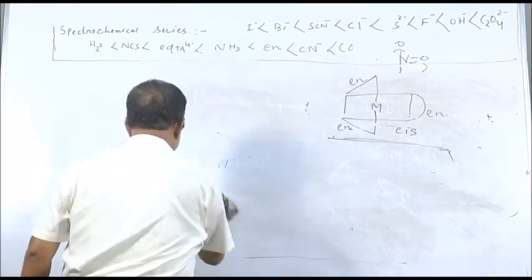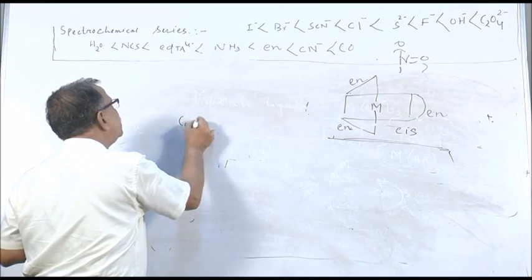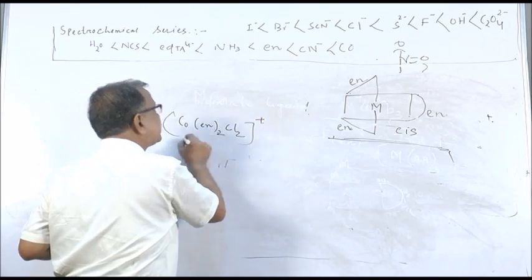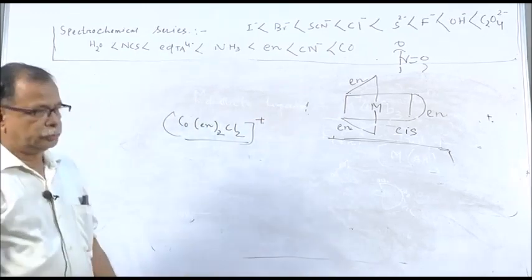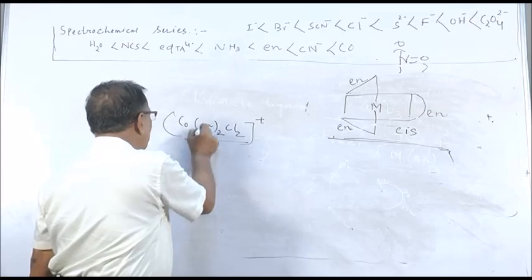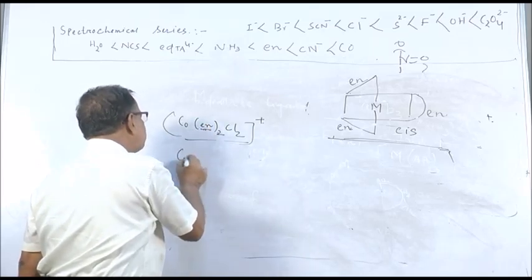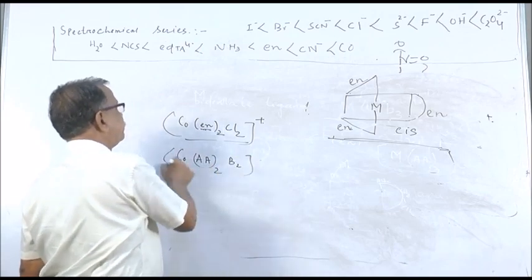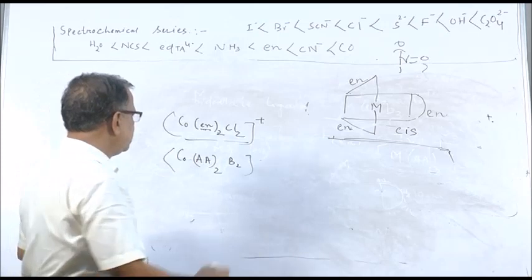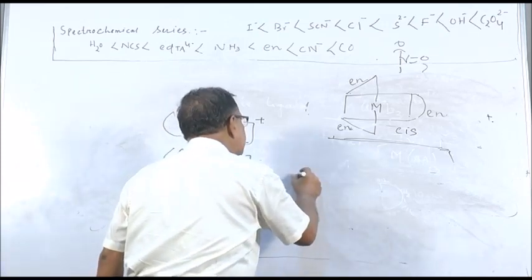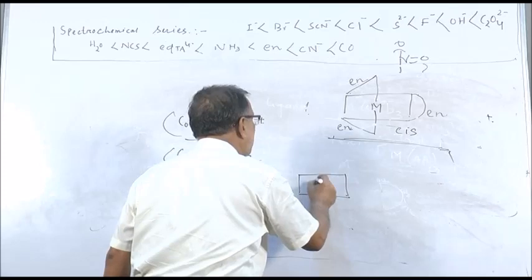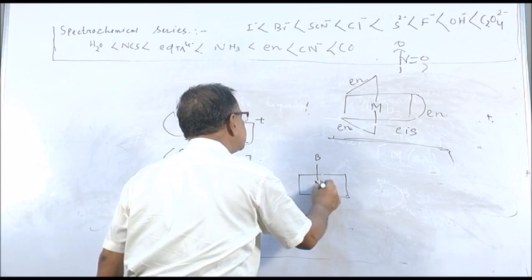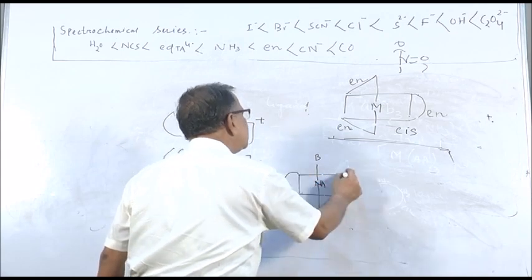A question may be asked whether the Co(en)2Cl2 complex will exhibit geometrical isomerism or not. en is a bidentate ligand. You may write the formula as CoA2B2 type. In this type we take like this. B and B in opposite directions, M is there, and this is your en, this is your en.